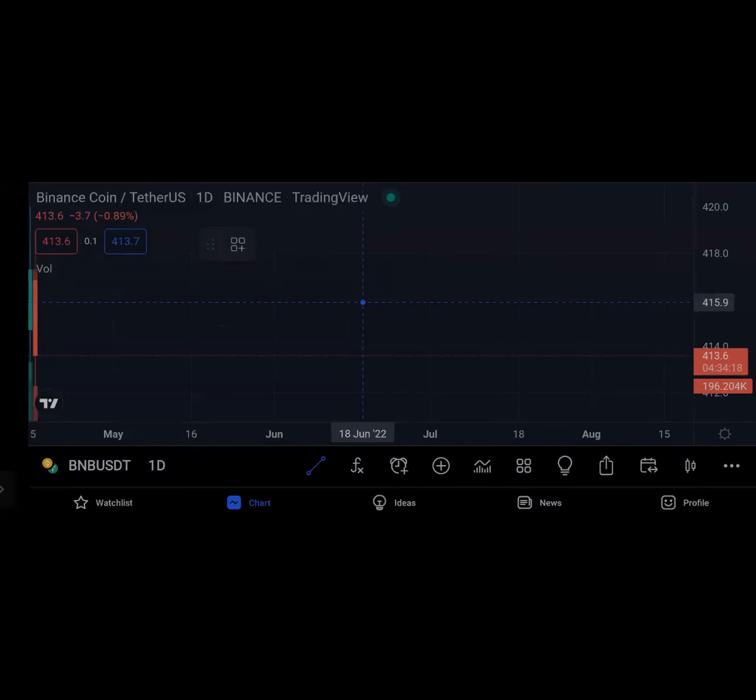Which means first there should be a market structure that each trend line connects in this shape.